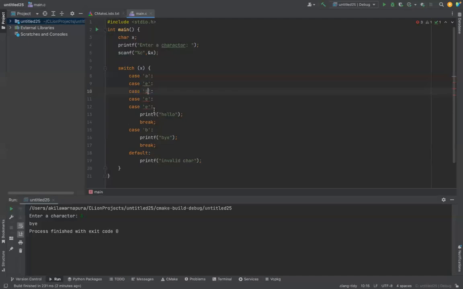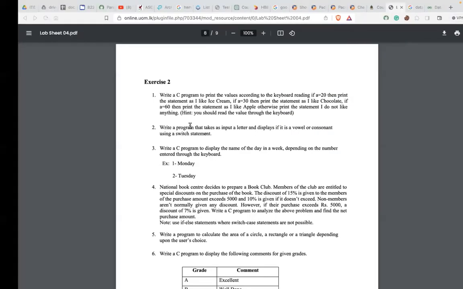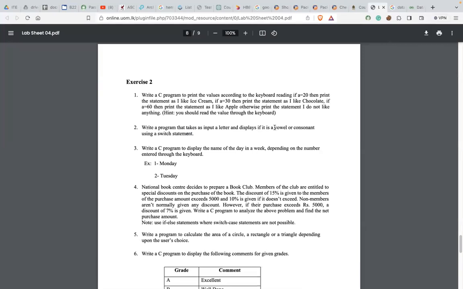If the case is A, E, I, O, U, there is no break keyword. That means whatever value the user enters equals any of these cases, then print hello. Do we need to print hello? No. We need to print that it is a vowel.